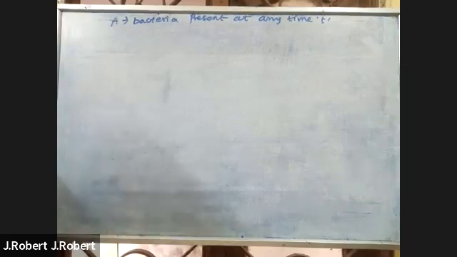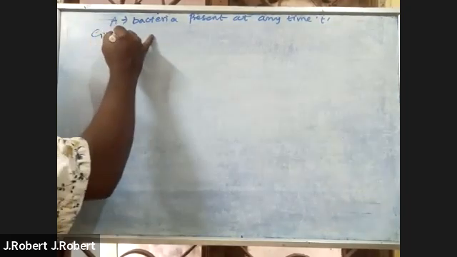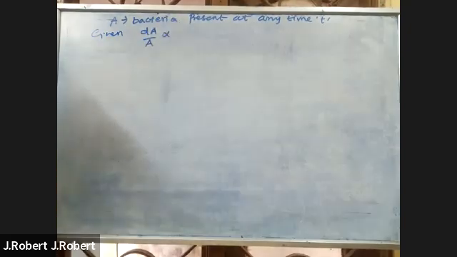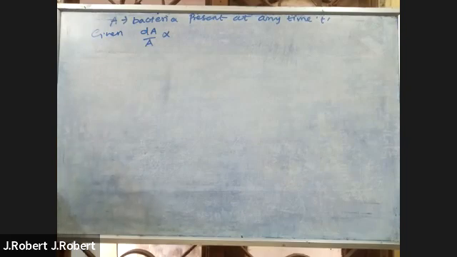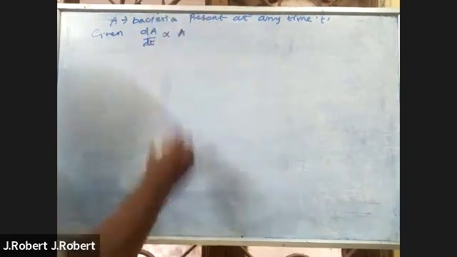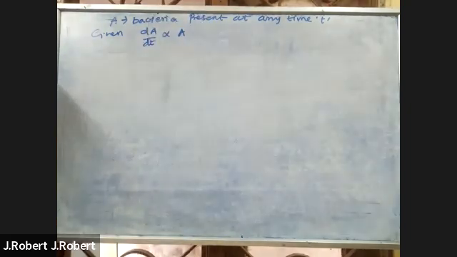That's the first condition given. We can write this as dA by dt, with respect to time, is proportional to A. That's the question: the rate of increase in the number of bacteria is proportional to the number present. dA by dt, the rate of change, is proportional to A, the number of bacteria present at any time.